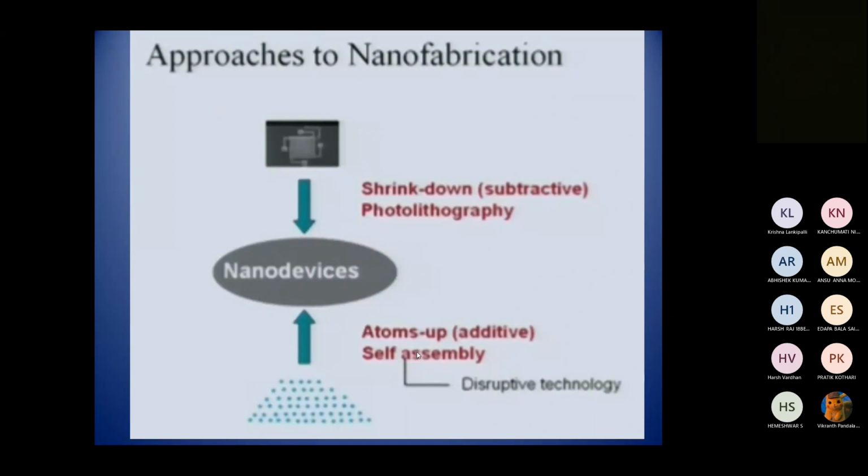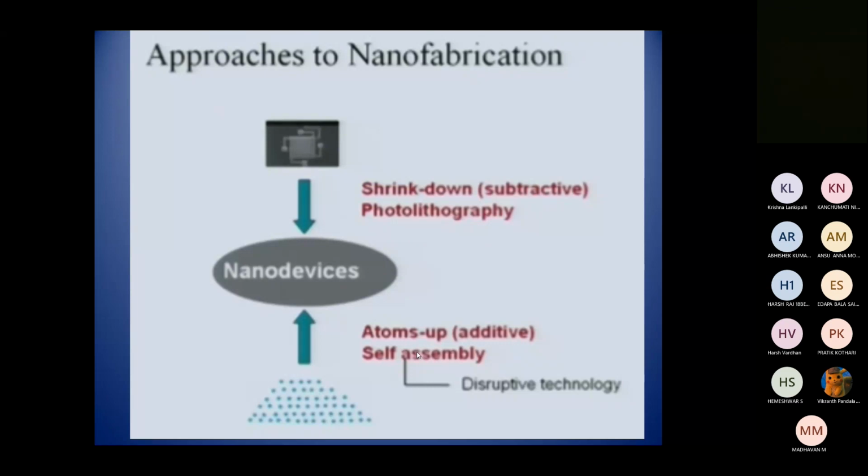So that is basically our top-down approach, which is mostly dealt with when we come across photolithography or electron lithography processes. Whether it is the top-down approach or the bottom-up approach, we are making nano devices, but the way or the approach is different. Here in the bottom-up approach, we are assembling the atoms together to make the nano devices, whereas in the photolithography process, we are taking out the atoms from the material and finally making the nano devices. So that actually is the case.